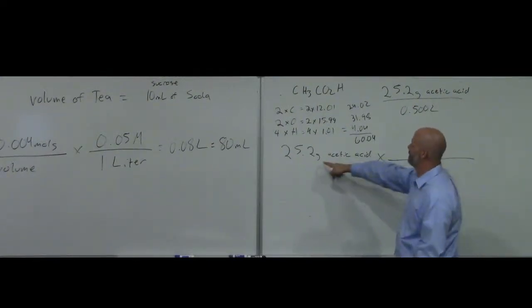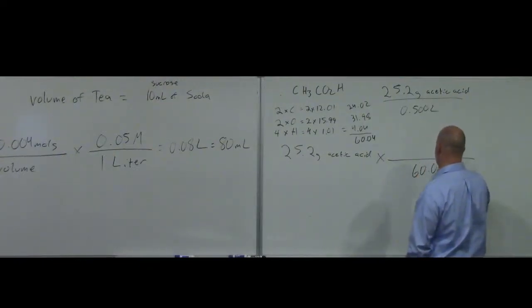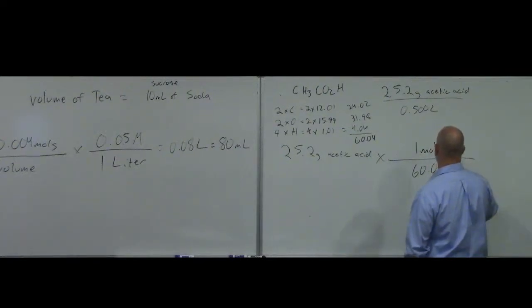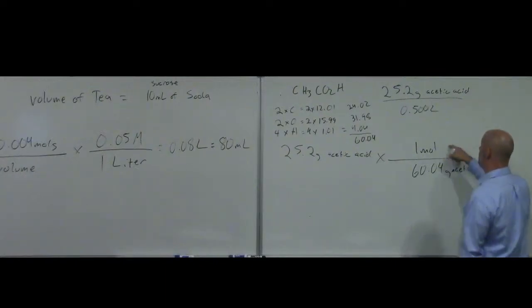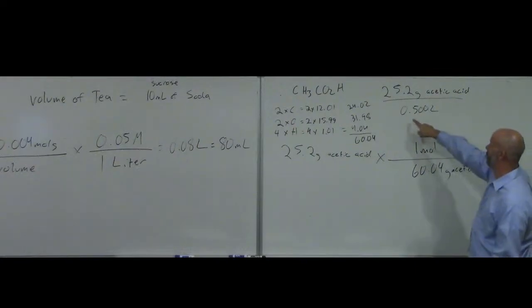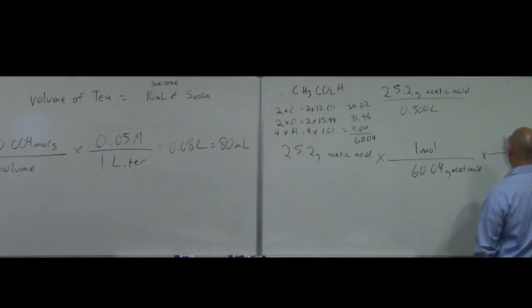All right, so I've got grams on top here, so I need grams on the bottom down here, right? So this is going to be 60.04 grams per 1 mole of acetic acid, right? Good, so I've got my moles when I do this, and then the other thing I've got to do is put it over 0.500 liters, right?